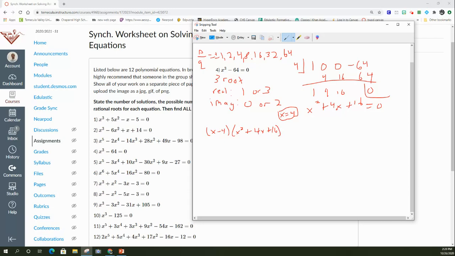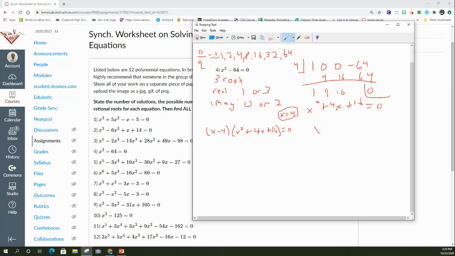Notice it's the same quadratic I got using synthetic division, so it would not have mattered. I got it on the first try because I knew 4 was going to work. If you didn't know 4 was going to work, the pattern is definitely easier than synthetic division because I didn't have to try 1, -1, 2, -2, and so on.